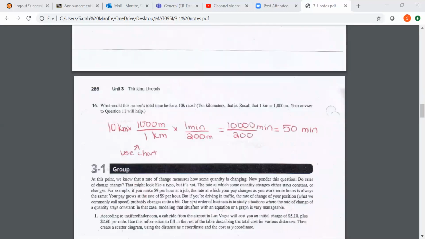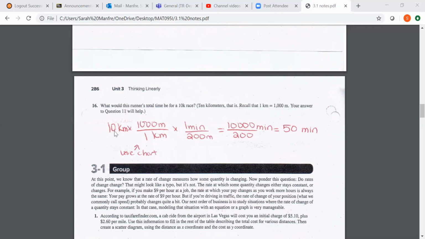All right, what would the runner's total time be for a 10K race? Well, we know 10 kilometers. We have to use the chart that we were given in chapter 2. We know that there's 1,000 meters in 1 kilometer. And I also know that in 1 minute, he can travel 200 meters. Now we have to be careful of where units go.